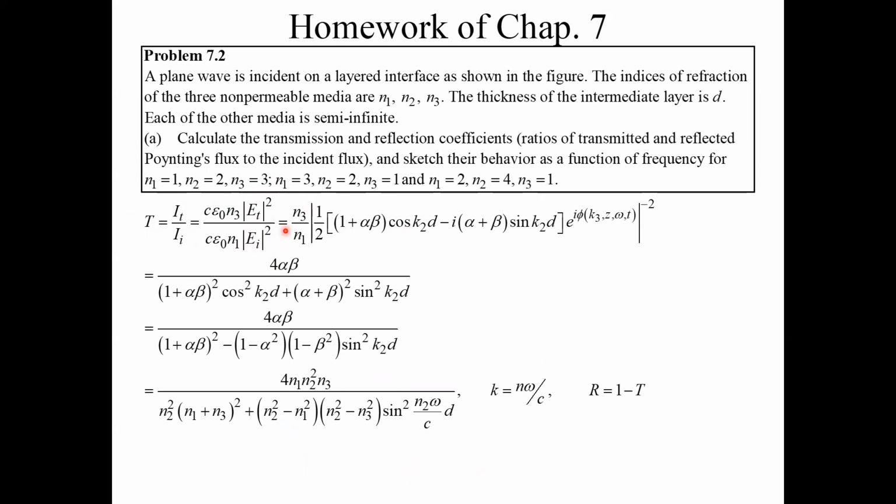So we square, and in the square, this term will cancel out, so this term will go to 1 here. And next we just sort our coefficients, and finally we will get this answer.